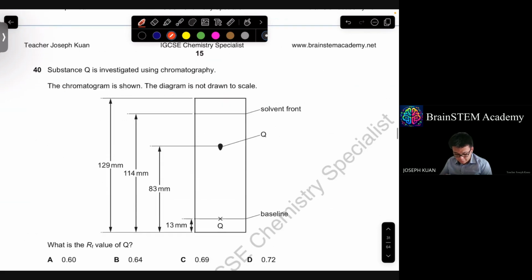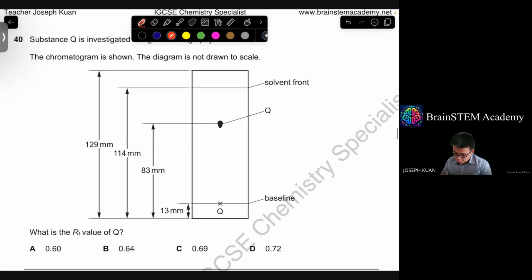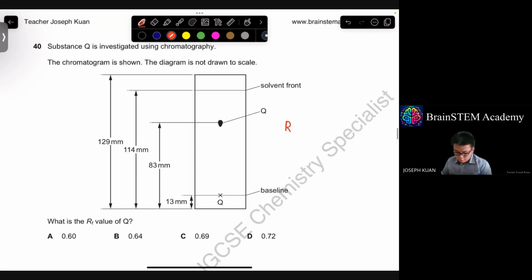And the last question of the paper. Substance Q is investigated using chromatography. The chromatogram is shown, the diagram is not drawn to scale. What is the Rf value of Q? So to find the Rf value, we must use the distance traveled by the solute from the baseline divided by the distance traveled by the solvent from the baseline.